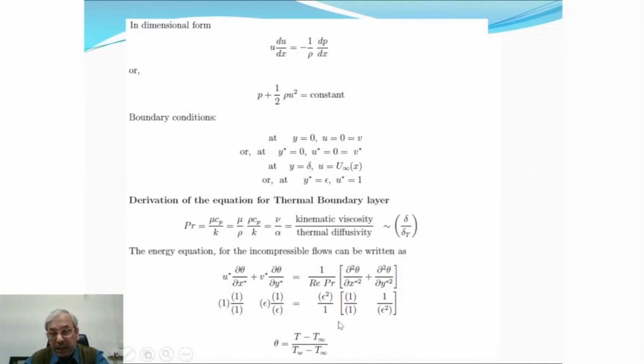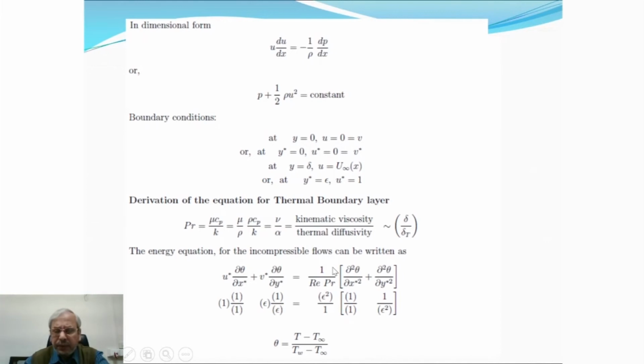Less than 1 is a problem, but less than 1 usually, for most of the gases like air, the value is around 0.6, or 0.72 very precisely.